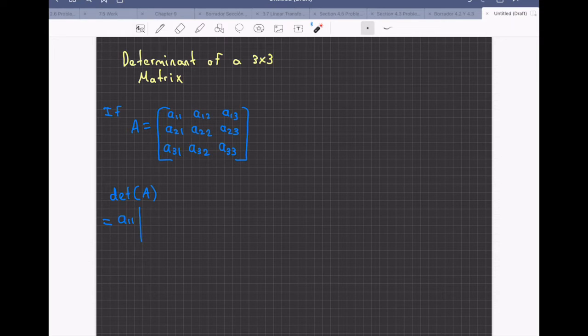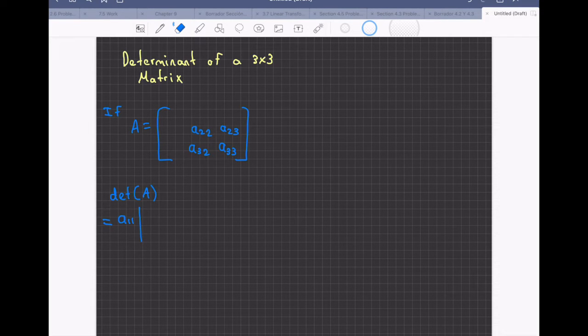Notice, since I have chosen the element in row 1, column 1, imagine that we eliminate row 1 and column 1.